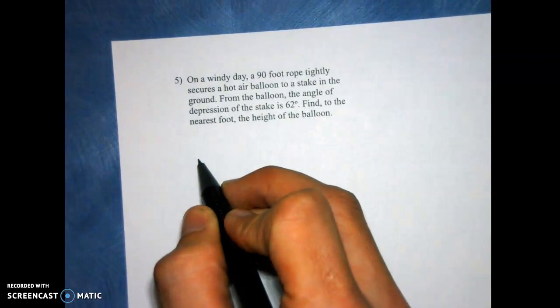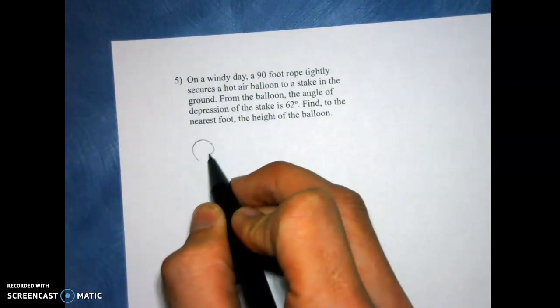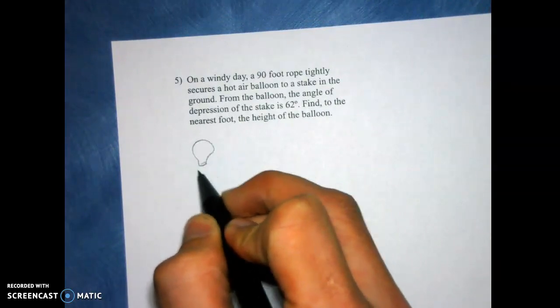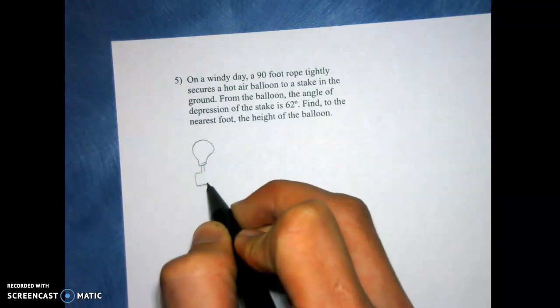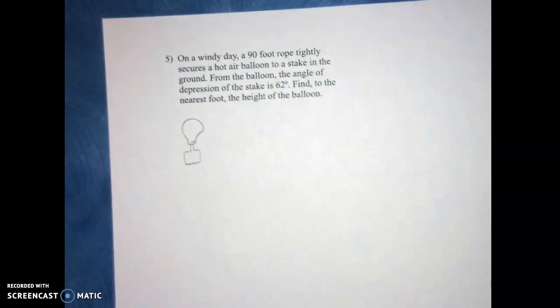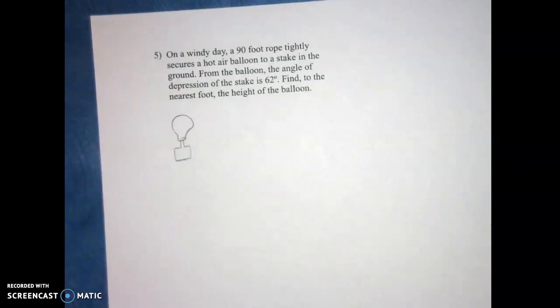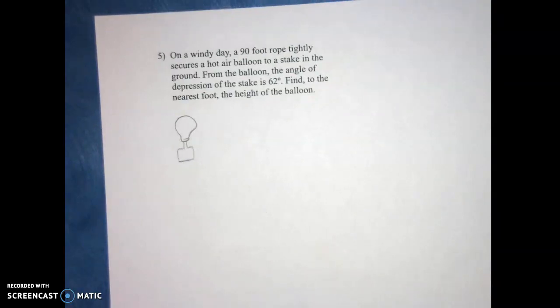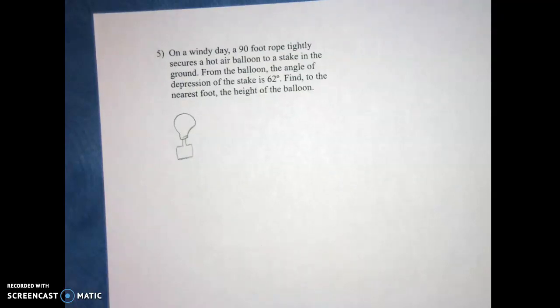So here's our balloon. And we'll say that's our hot air balloon. Okay. And it says, on a windy day, a 90-foot rope tightly secures a hot air balloon to a stake in the ground. So from the balloon, the angle of depression of the stake is 62 degrees.